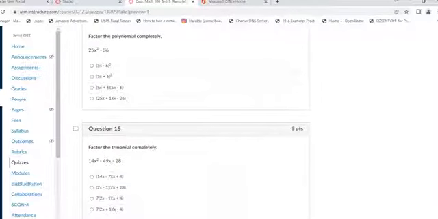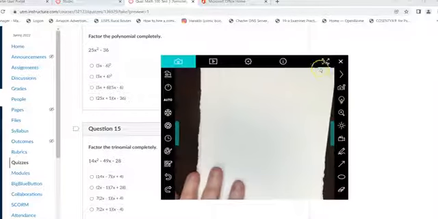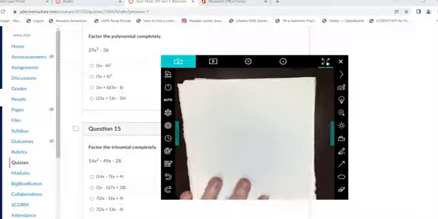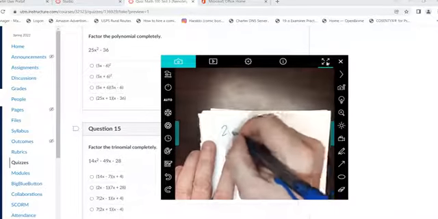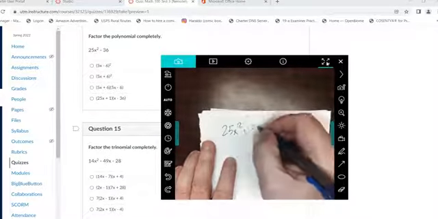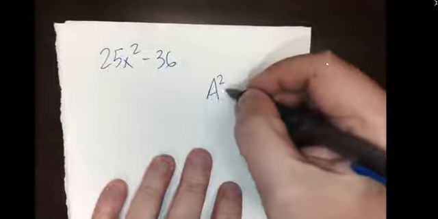Factor this polynomial completely. Okay, so what I'm actually seeing here is a difference of squares, but we just need to write it differently, write it into the form that we can use. So now we have a rule for difference of squares.